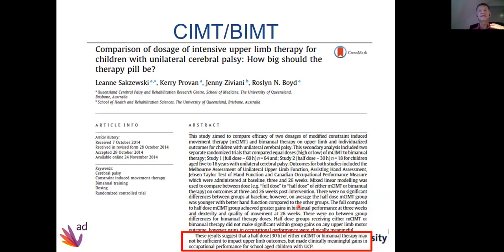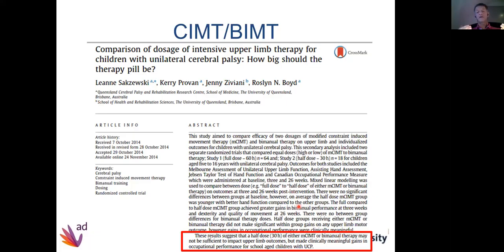CIMT is the use of the affected hand as the preferred hand, so you hamper the non-affected hand. If you compare the intensive bimanual treatments, again Liane Saksowski performed this review at the end of 2014.